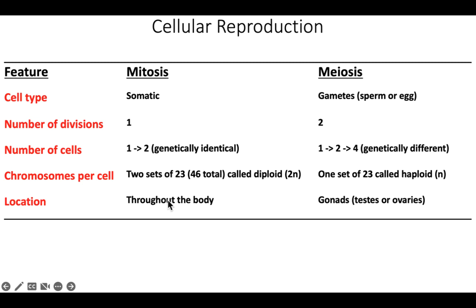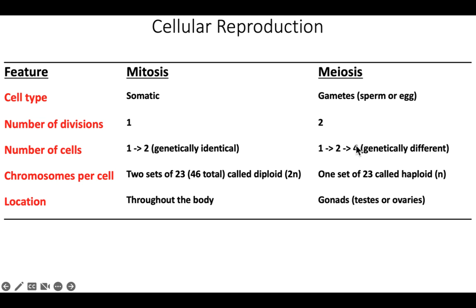All right, so what is meiosis? Well, meiosis produces sperm and egg. So you have meiosis in a male that results in sperm. You have meiosis in the female ovary that results in eggs. There's two rounds of division. So you start with one cell, it divides into two, and then those two divide into four.